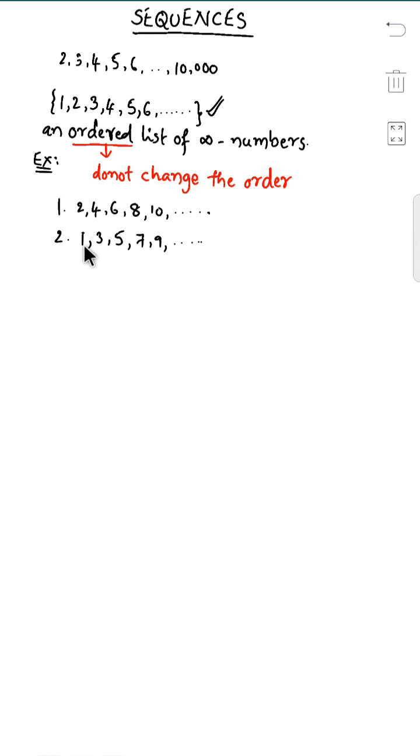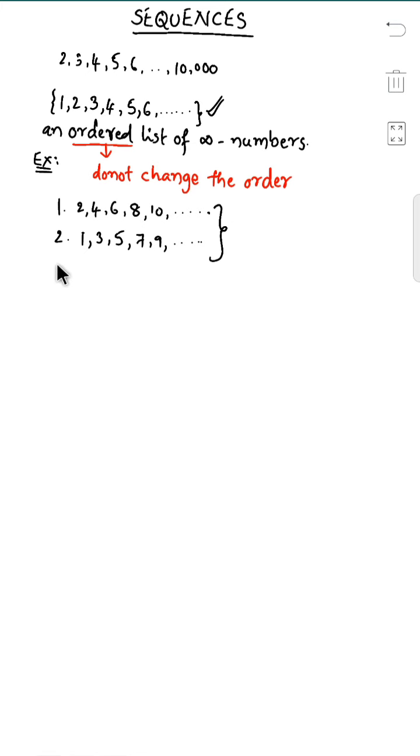See here, in the above two examples the interval is even. That means the difference between 4 and 2, and 3 and 1, between any two terms of these sequences, is 2.